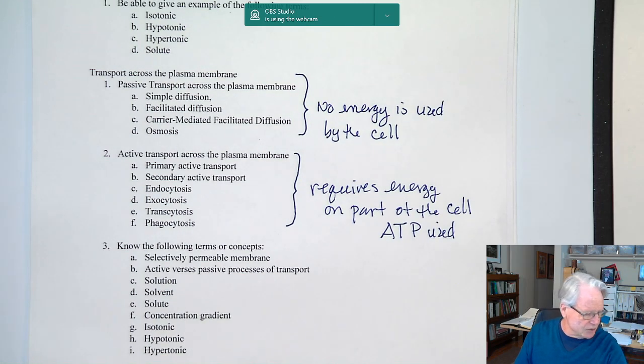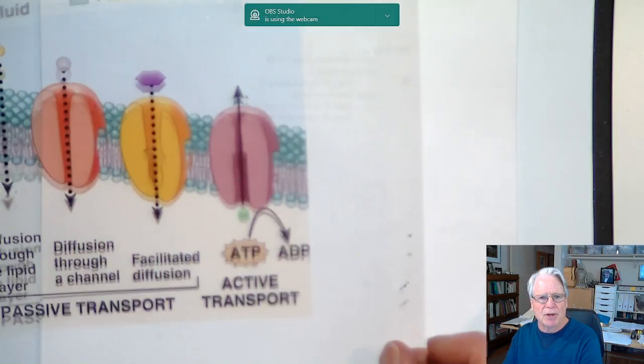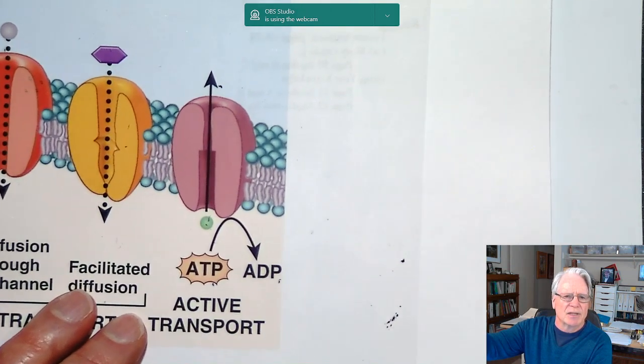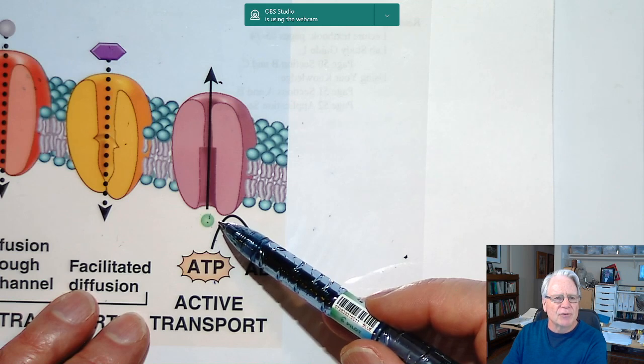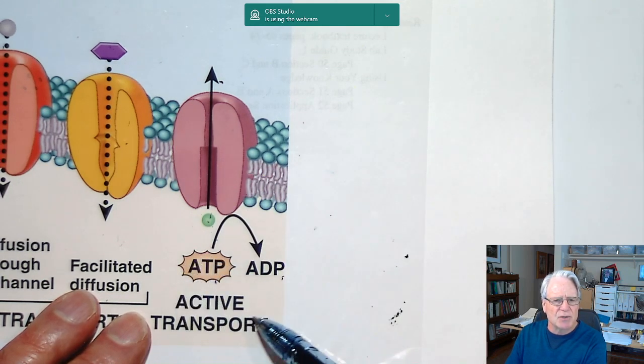So first of all, let's talk about the primary active transport. I'm not going to spend too much time on that, but let's go ahead and take a look. So here's an example of active transport. As you can see, we're going to move something from one side of the cell to the other, and we're going to use ATP to do that.